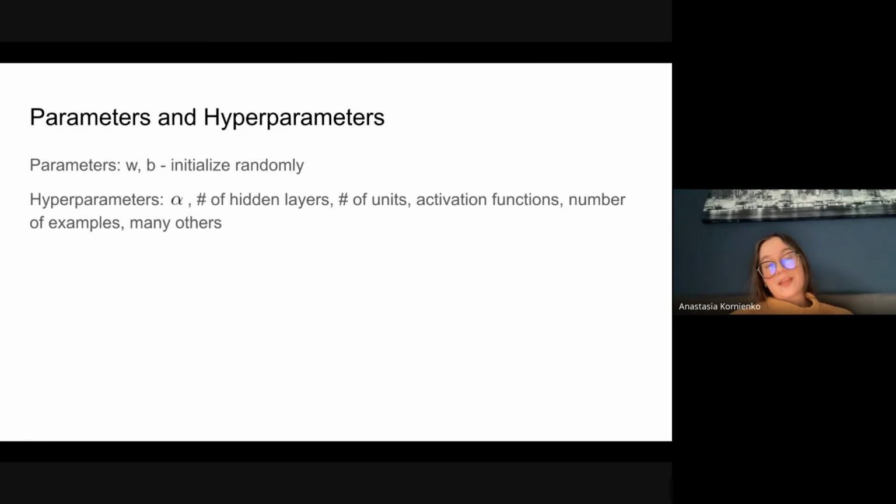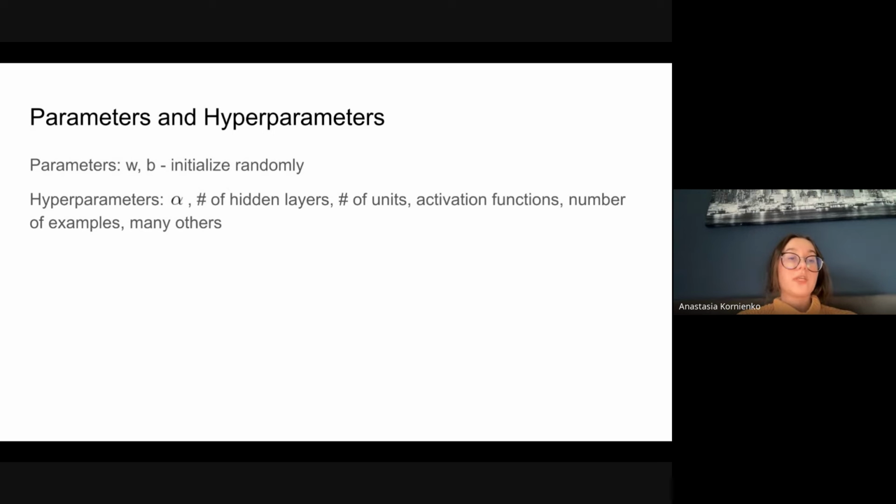Not really. We can control the process here. For example, the parameters W and B are usually initialized randomly, just random numbers, and then they are transformed into their true values during the learning process.